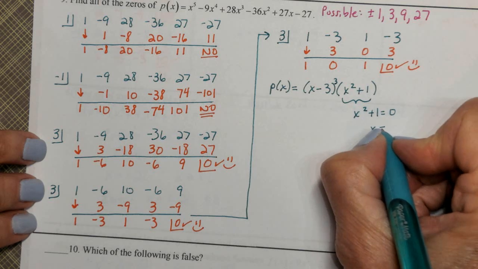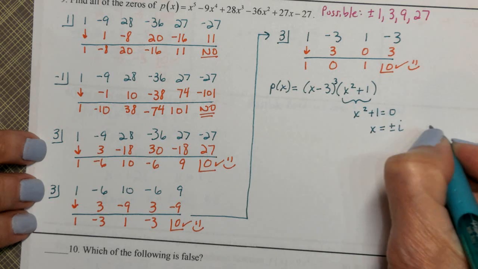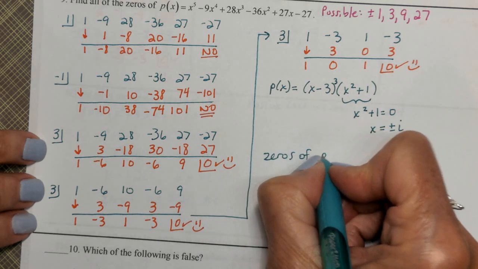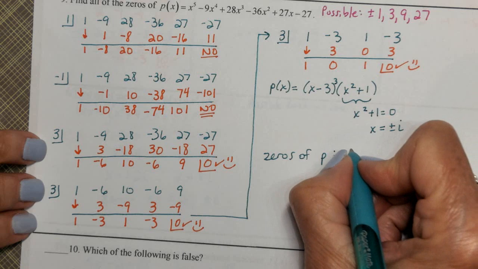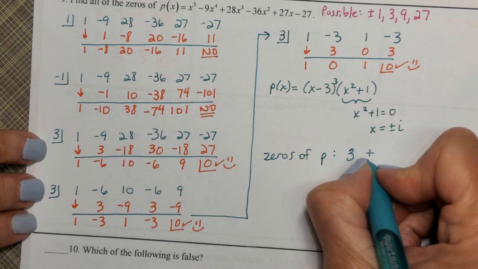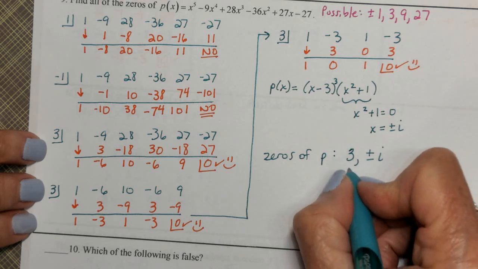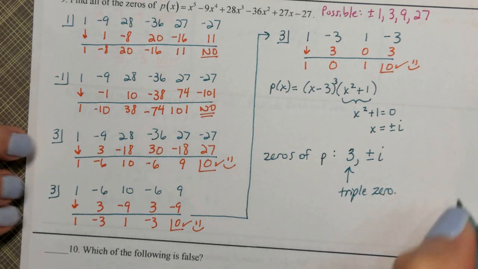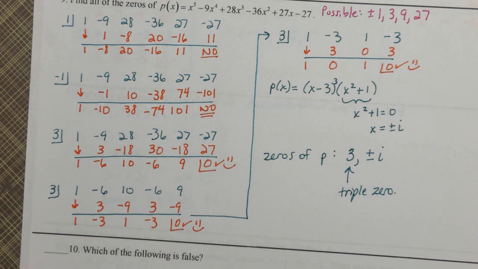So x would be plus and minus i. So the zeros of p are 3 and plus and minus i, where 3 is a triple. Okay. All right.